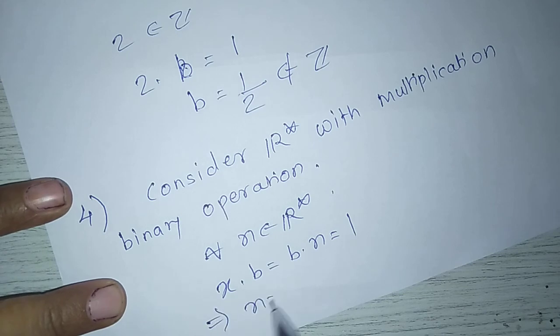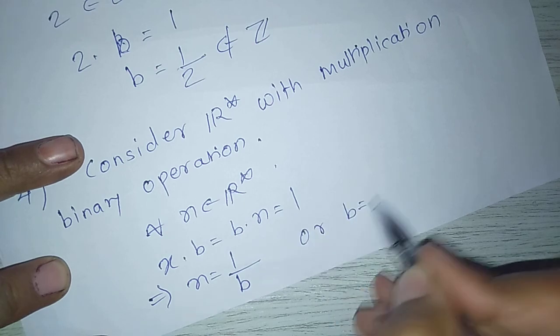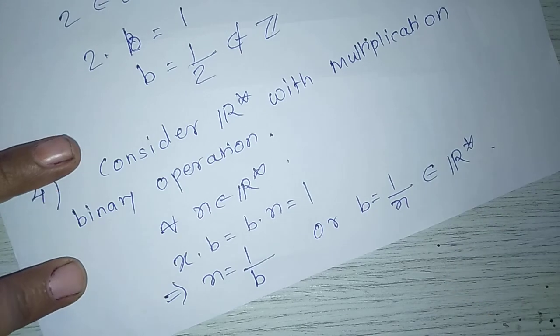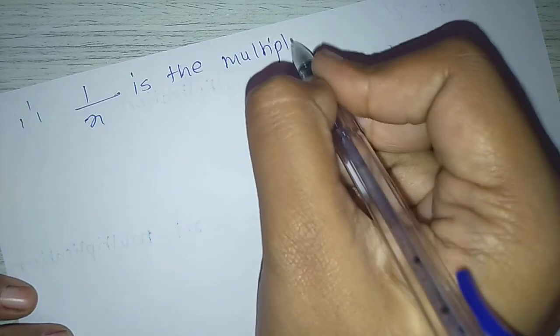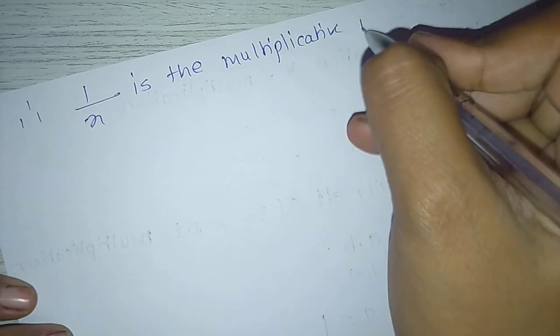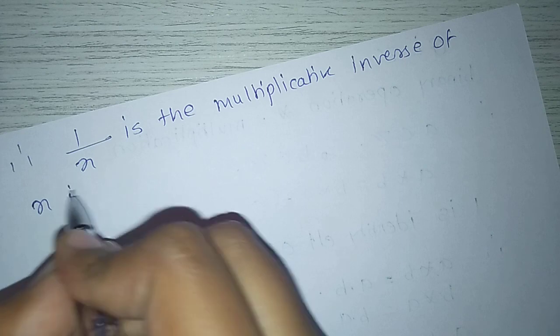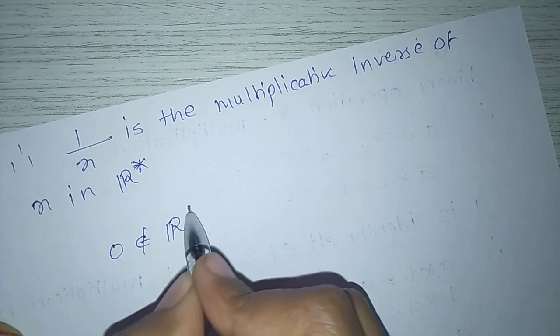This implies x equal to 1 upon b or b equal to 1 upon x, which also belongs to R star. Therefore 1 upon x is the multiplicative inverse of x in R star. 0 does not belong to R star.